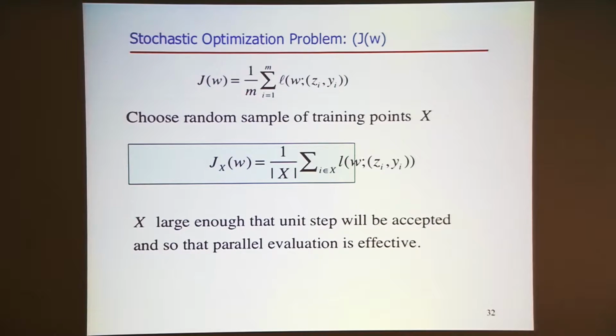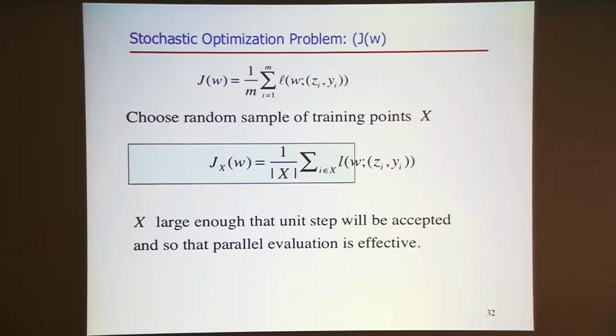OK, so suppose that the loss function has a summation form like that, a sum of individual loss functions. So I'm going to consider an algorithm that does not use all the training points, but chooses a subset of the training points. How do you do that? At random, you take some percentage that you think is important, and then you define a stochastic approximation to your objective function.